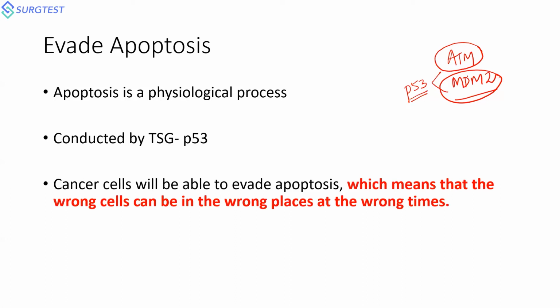The cancer cells thus will be able to evade apoptosis, and they will multiply and continue the wrong signals into the subsequent cell divisions, causing accumulation of cells, which will eventually be seen as a lump or swelling in a particular organ or tissue.